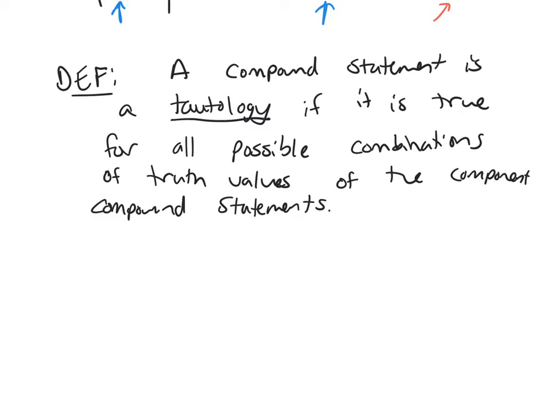On the other hand, if you have a column of all false, it's called a contradiction.